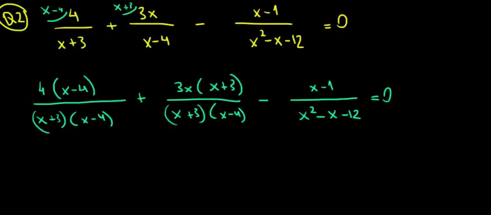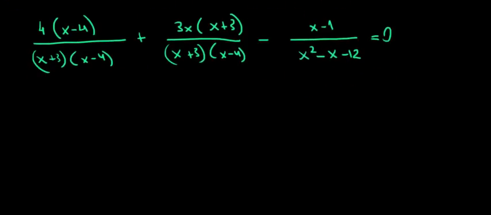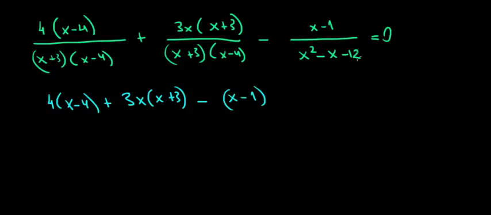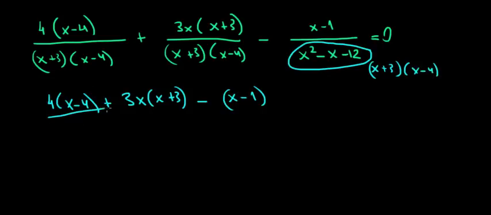If we write everything again, we would have 4 times x minus 4 plus 3x times x plus 3 minus x minus 1, because remember, x squared minus x minus 12 is equal just to x plus 3 times x minus 4, so we have the same denominator for all three terms. We're dividing by x plus 3 times x minus 4 equals 0.